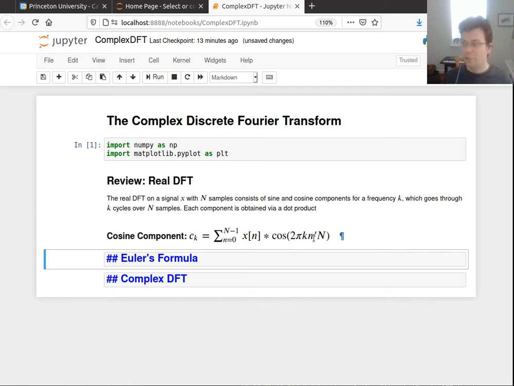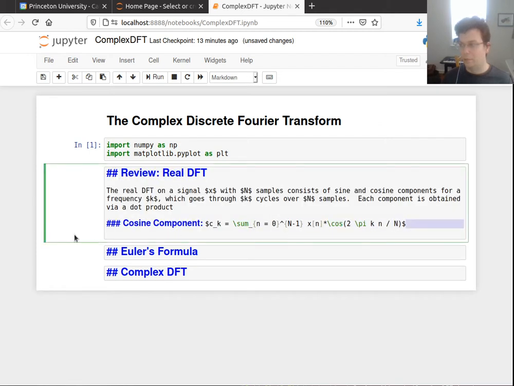Each sample of the cosine I'm going to multiply by the corresponding sample in my signal, and I'm going to sum up all of those products. Okay, so that's how you get the cosine component.